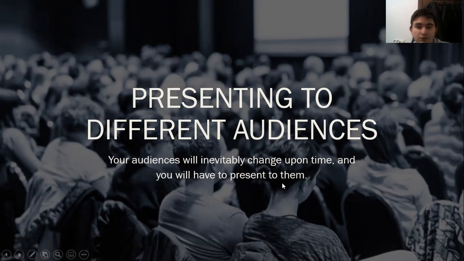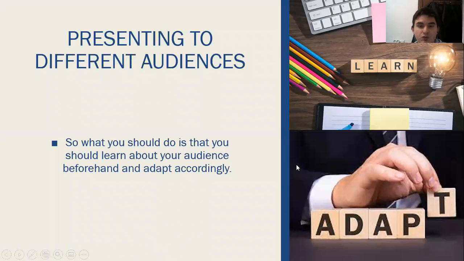What you should do in order to make your presentations smoother is, as you can see here, learn your audience beforehand. By learning their backgrounds and what they know about the topic, you can improvise and adapt your presentation.